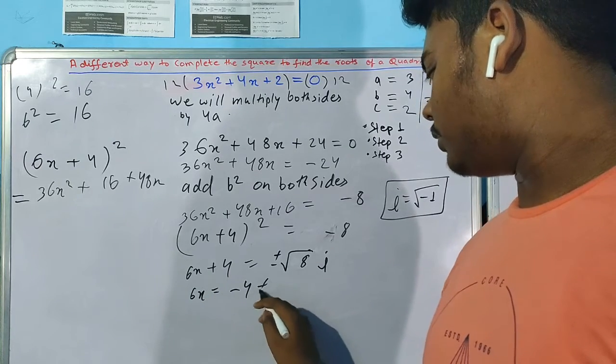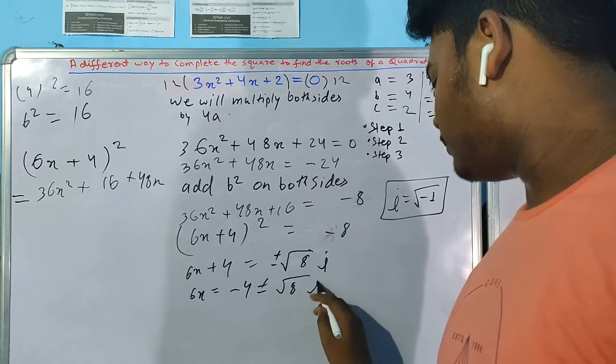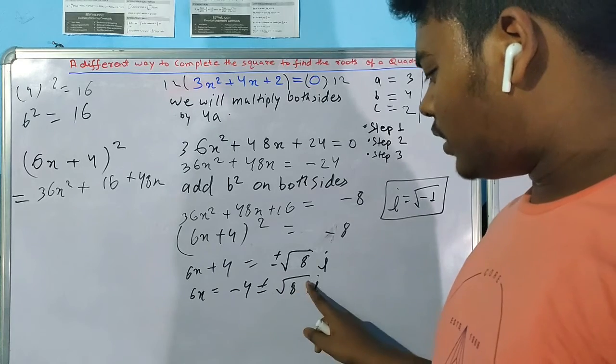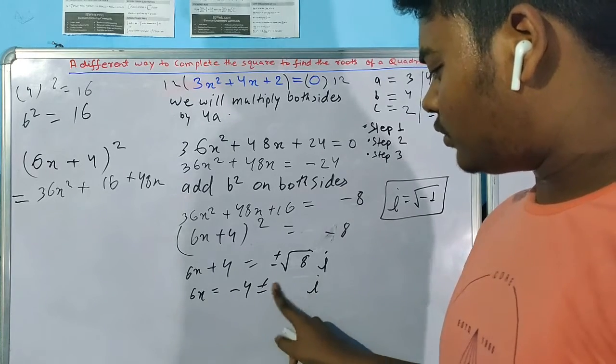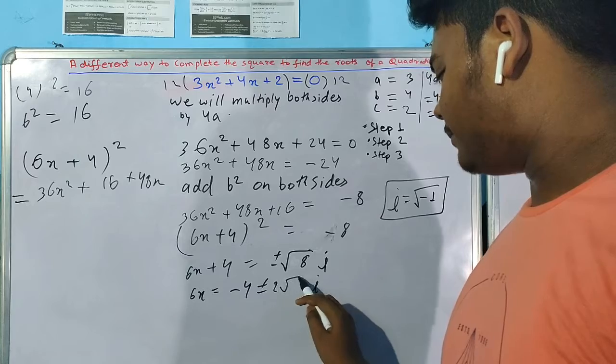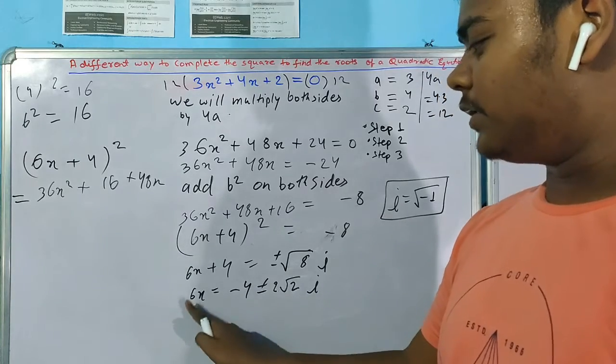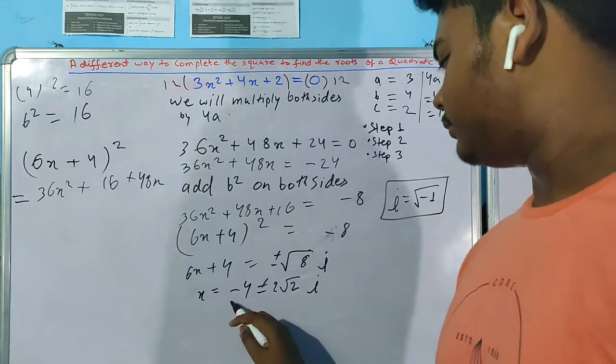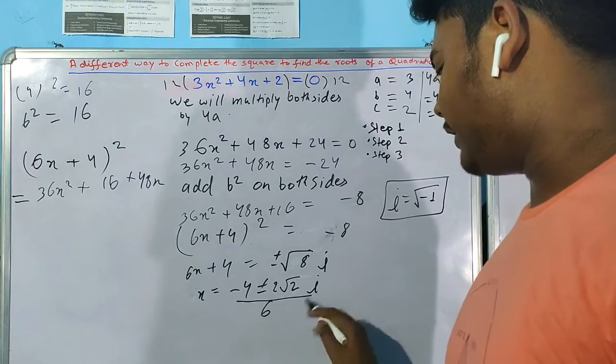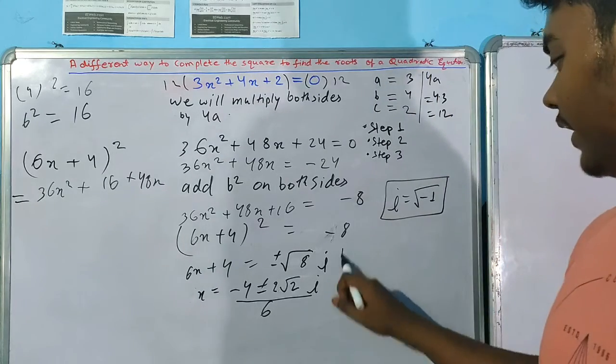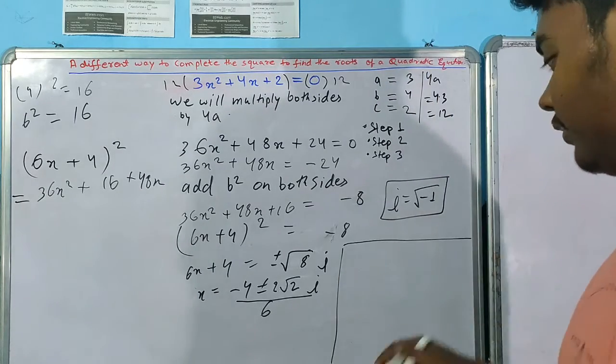This will also go here. Under root 8 can also be written like this, and we can shift this 6 down. Now we can find the roots of this equation.